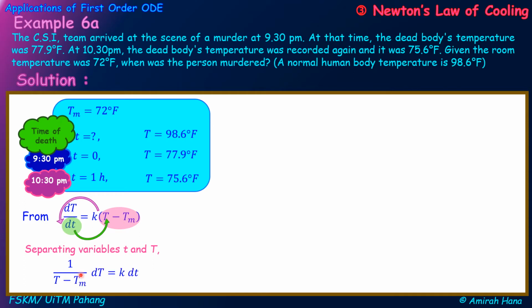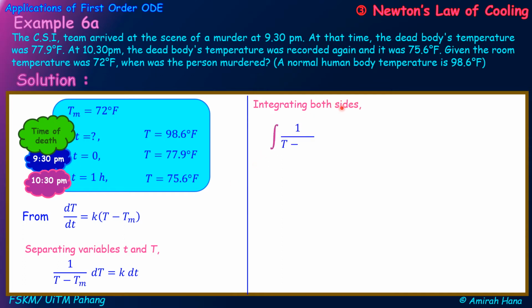So we can write 1 over (T minus Tm) dT equals k dt. Then we integrate both sides, putting an integration sign on both sides.